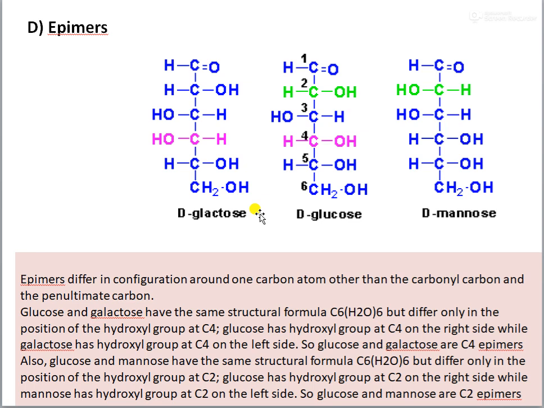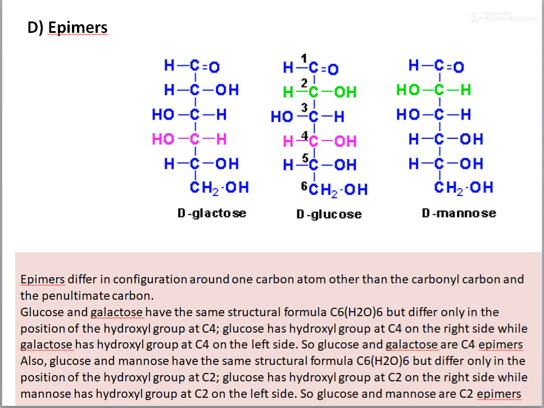Glucose and galactose, which have the same structural formula but differ only in the position of the hydroxyl group at C4, are considered epimers. And D-glucose and D-mannose are another example of epimers because they differ only in the hydroxyl group orientation at the C2 position.